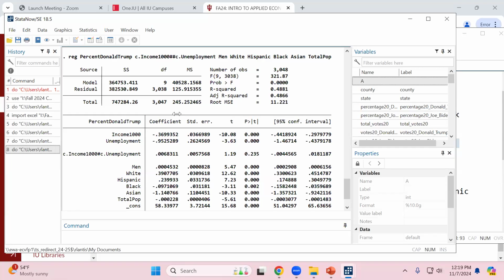So here, I think I'm going to do first the marginal effect of income.